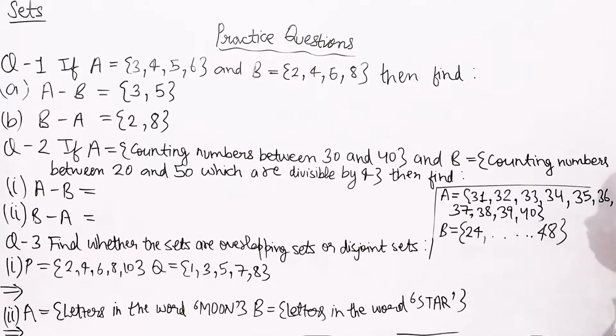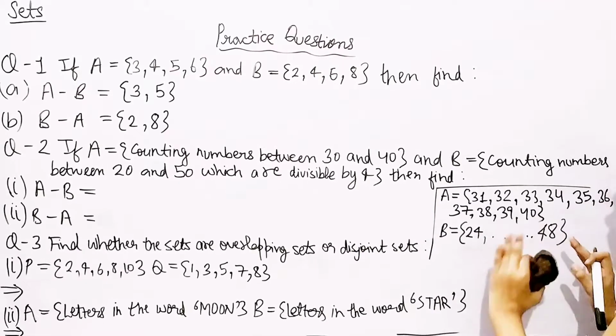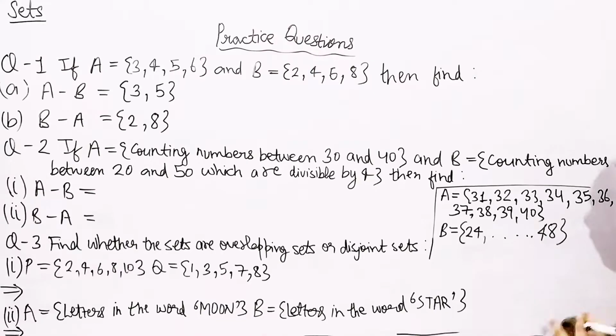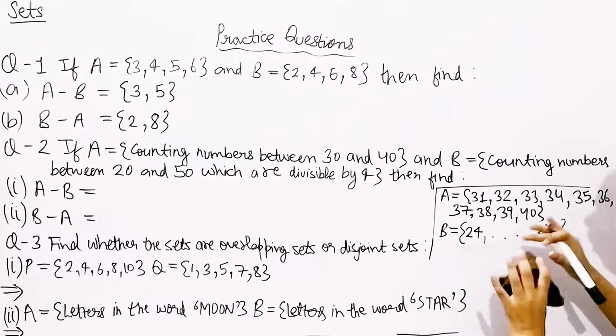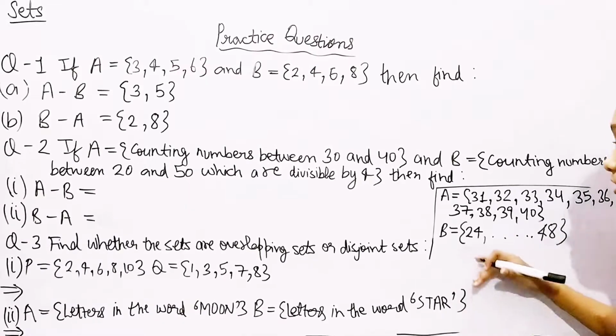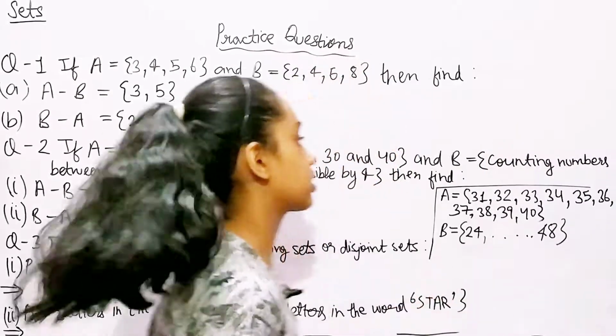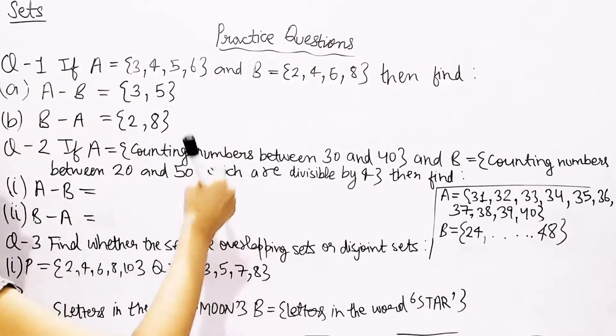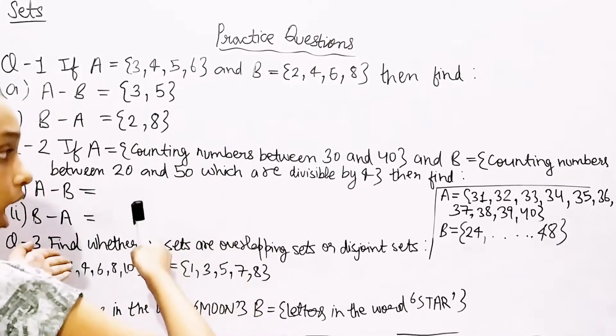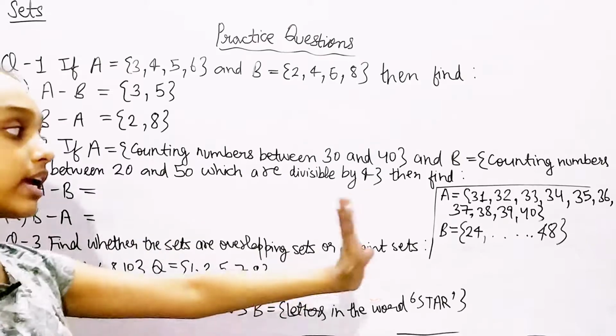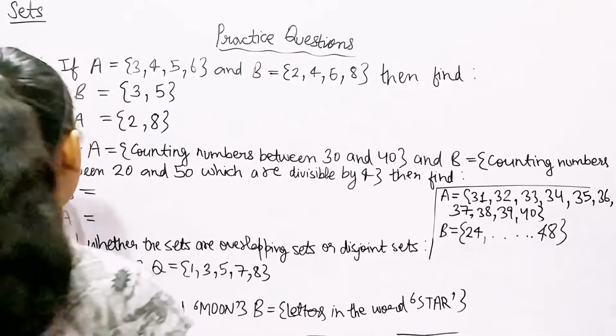Yes, of course, because it's going to be a little bigger, and I won't be able to write all the elements right here, otherwise it will be messy. So let's not waste our time on it and get back to our question. Okay, so it's going to start from 24 till 48.